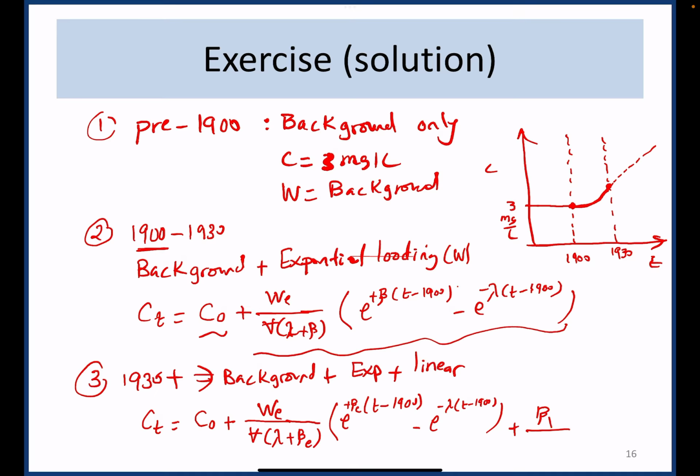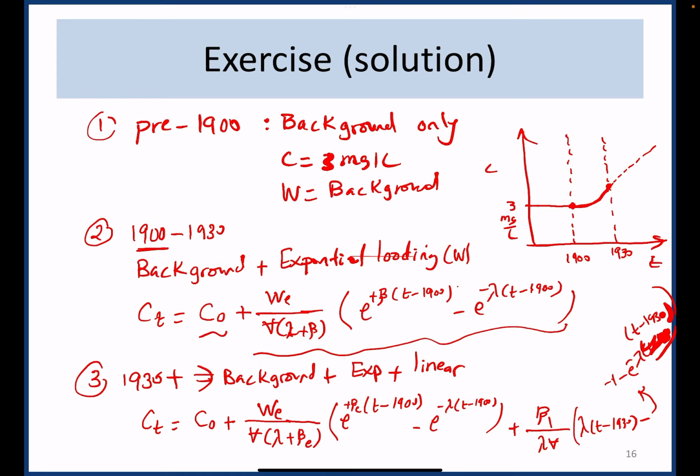Beta linear, lambda volume. Oh, I think we'll have a hard time writing this here, but let me do it correctly. Lambda T minus 1930 minus 1 minus E minus lambda T minus, T minus 1930.